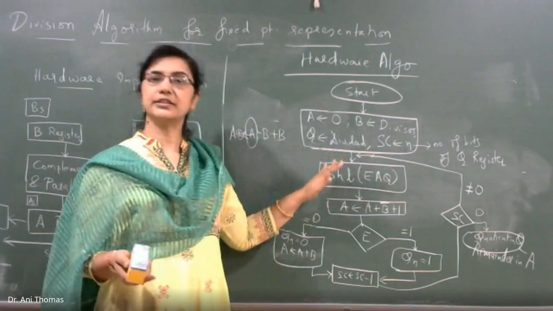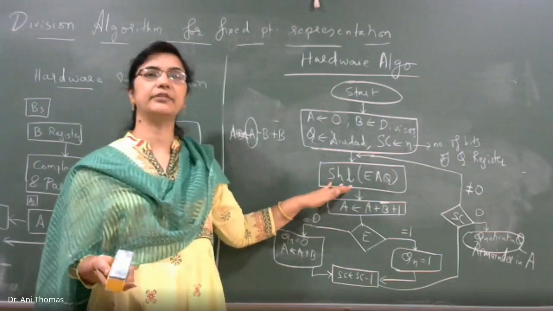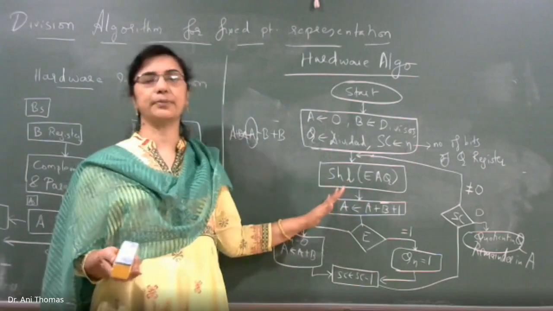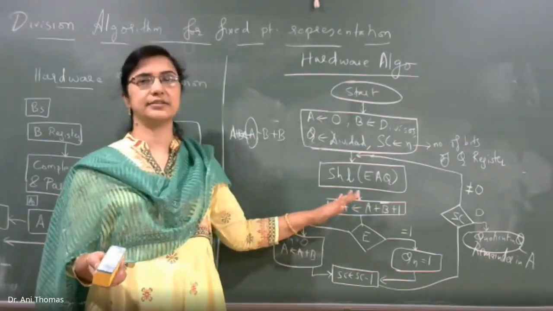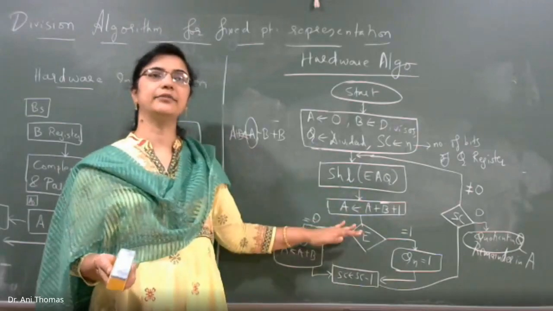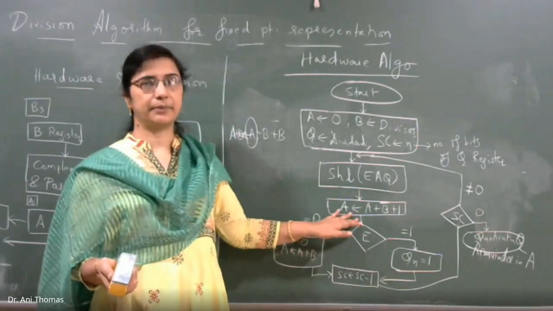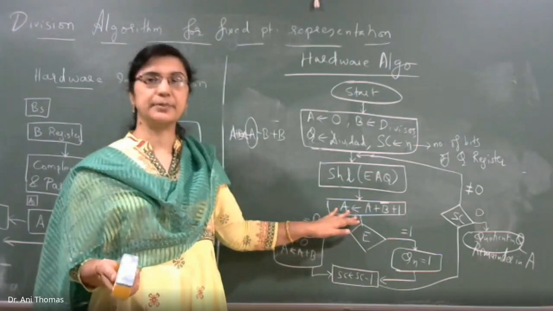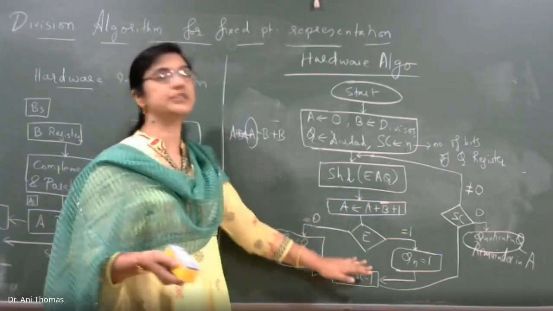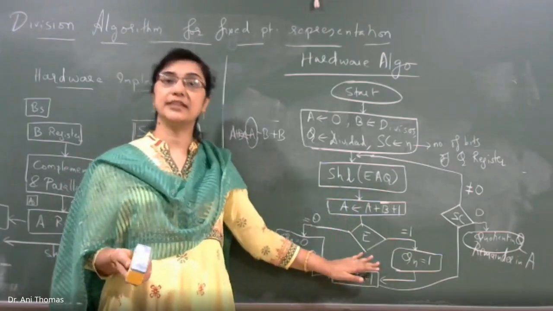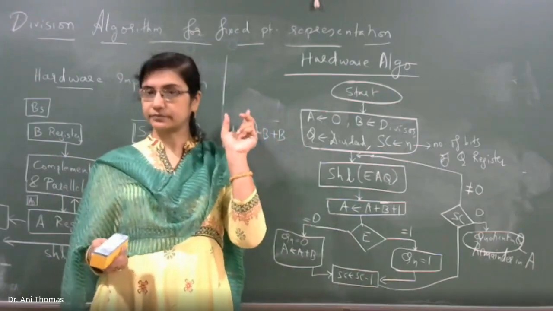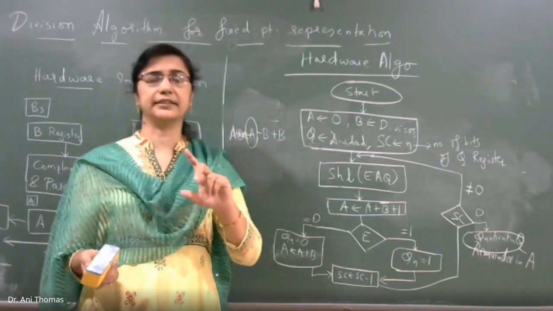And for each step, we do a shift left and we do A is A minus B. Until the sequence counter is equal to 0, we always do shift left of EQ and A is A plus the 2's complement of B. And what we check after that is whether the divisor is smaller or bigger than the dividend.